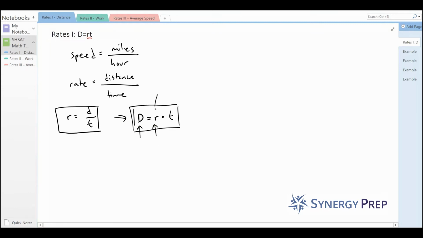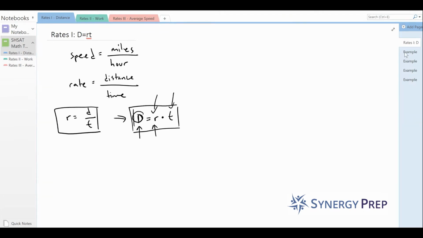If you have rate and time, you can find distance. And of course, if you have distance and time, you can find the rate. That's essentially all the information that you'll need in order to solve the one-dimensional rate questions.